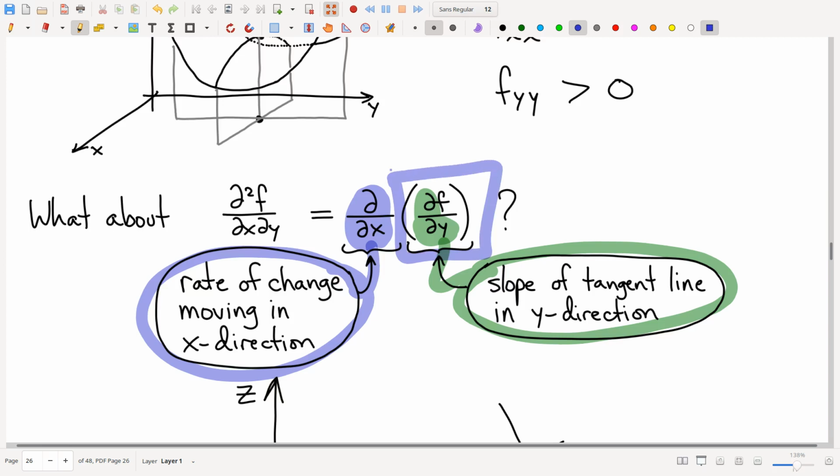This is the interpretation we had of a partial for the literal picture. As you're moving in the domain in the x direction, how fast is this object of the x partial changing?